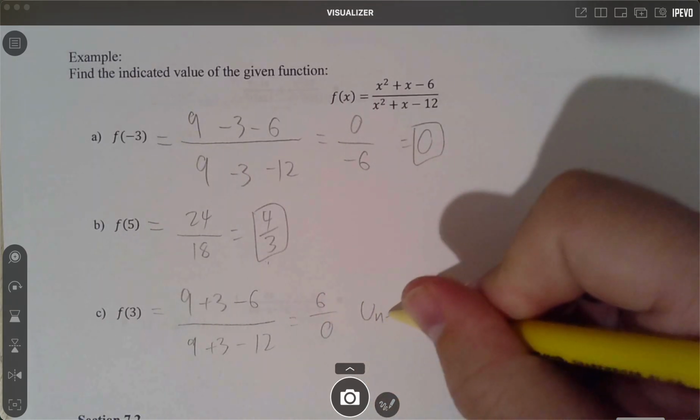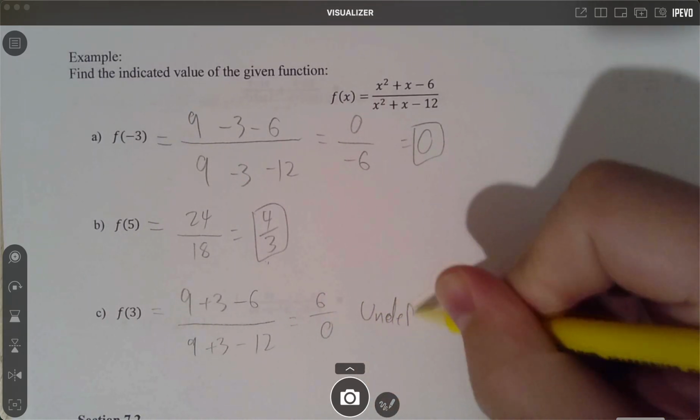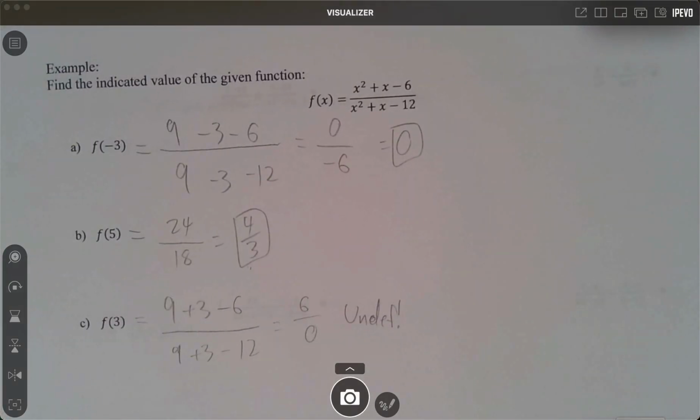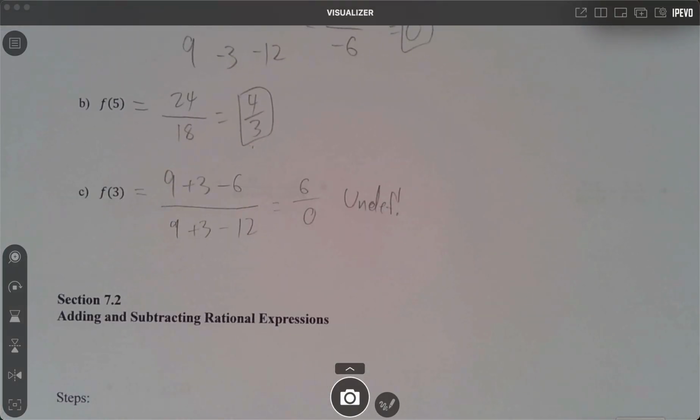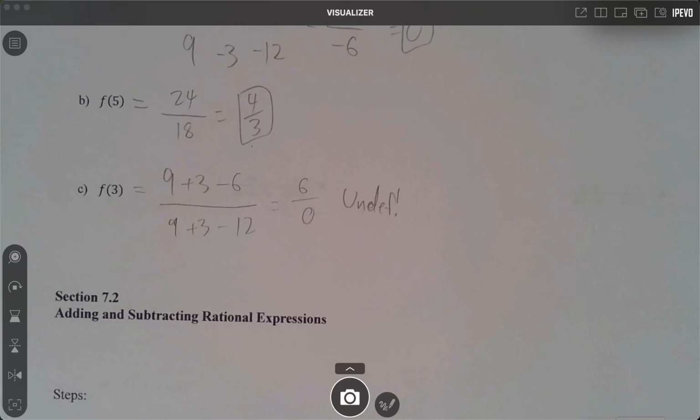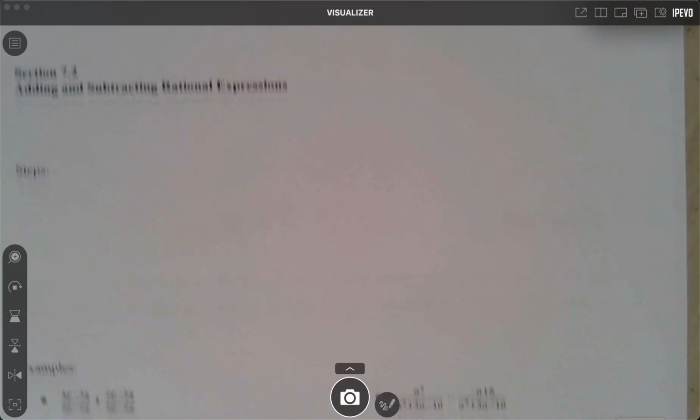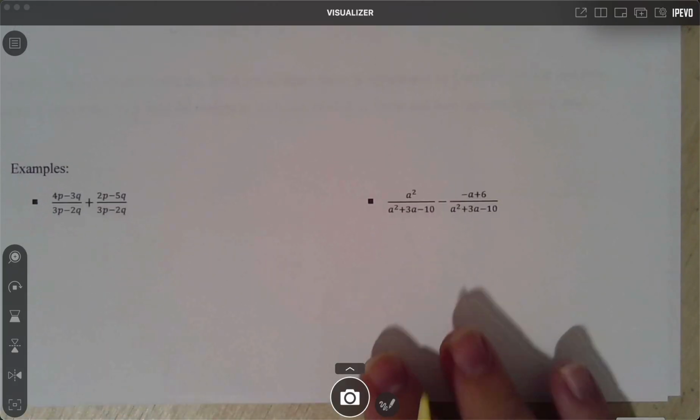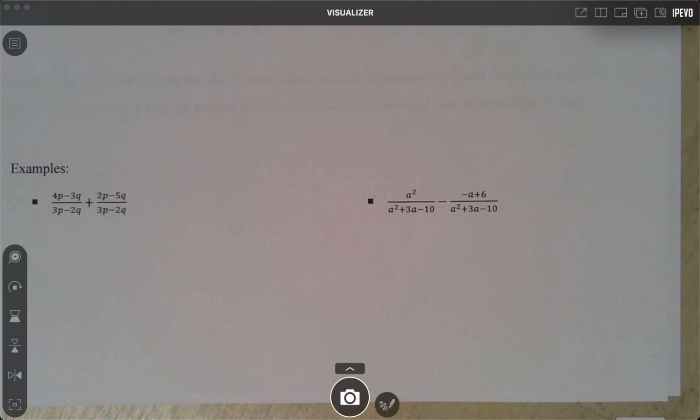And remember, we have a special name for that. We call that undefined. So just be careful about that. There are other things we could do to approach that problem, but for now, we don't need to worry about that.